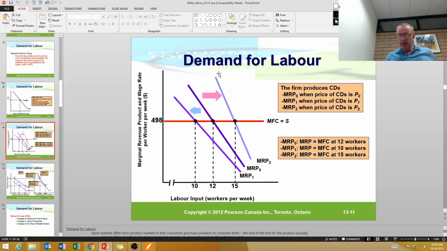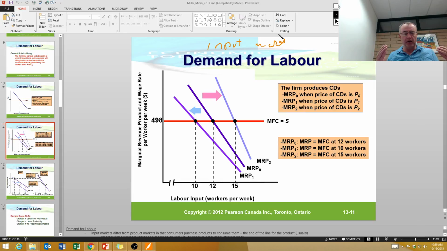Okay. So in this chapter, we're looking at input markets, and input markets are a bit different than output markets, because in the output market, the demand for products is desired by consumers.